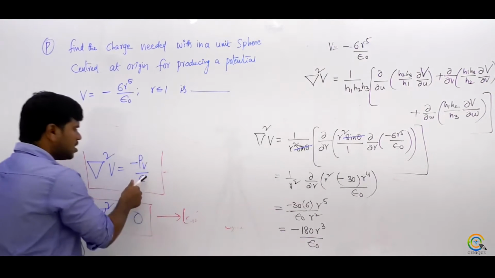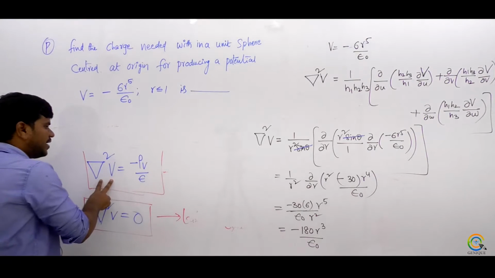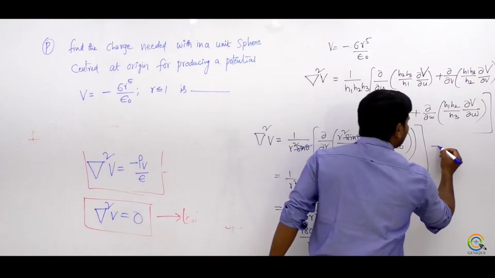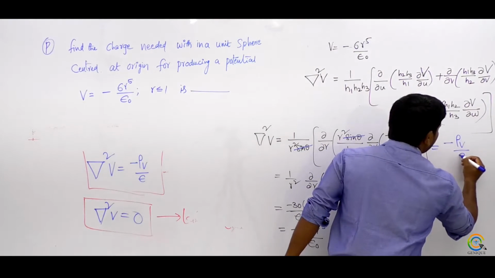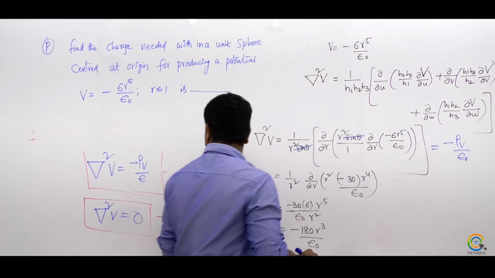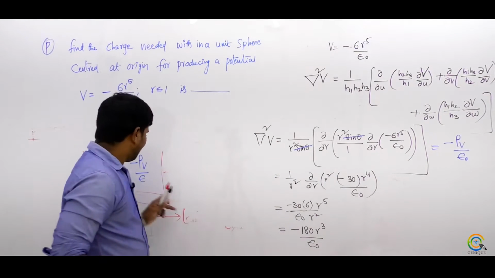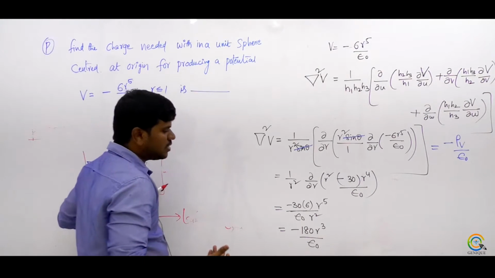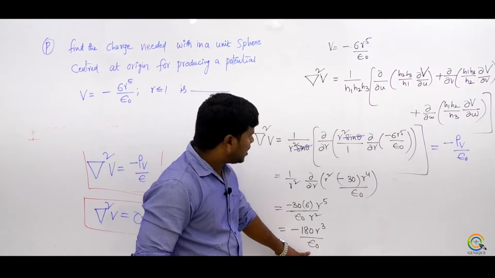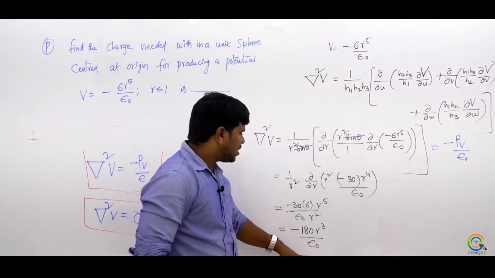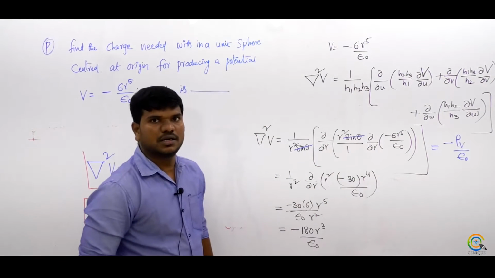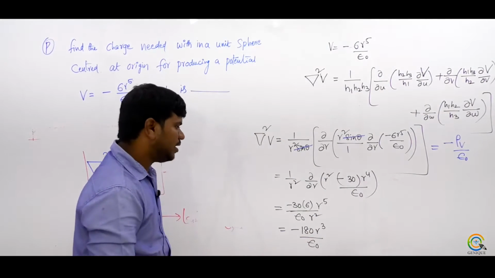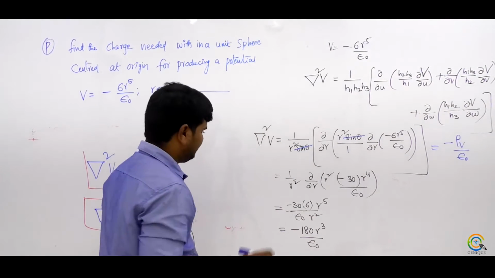But if you use Poisson's equation, what is del square v? Del square v is equal to minus rho v by epsilon naught. I am assuming this is free space. Because epsilon naught is given, you can write epsilon naught unless the epsilon r value is mentioned, assuming epsilon r is 1.